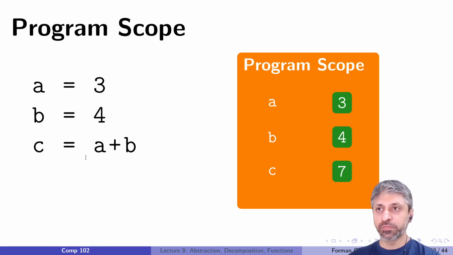That's the question. And the lifetime of a, b, and c is the entire lifetime of the program. If a variable has a lifetime of the entire program, then we say that variable has a program scope, because these variables will live as long as the program is running.